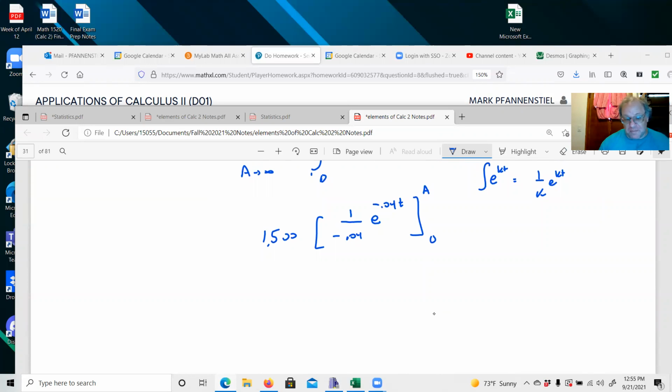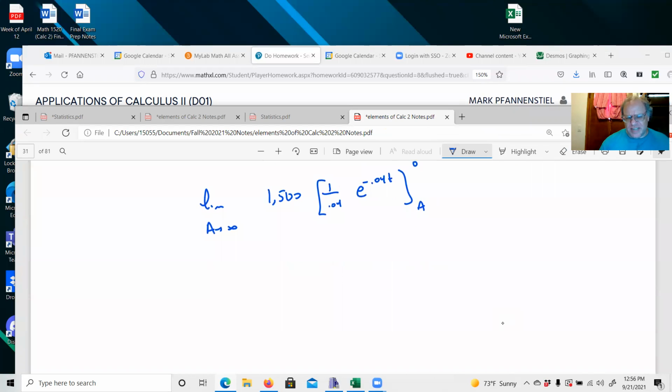So this is 1500 over negative 0.04, e to the negative 0.04 t, evaluated from 0 to a, limit as a goes off to infinity. I could pull the constant outside, right? This is 1500 divided by 0.04.